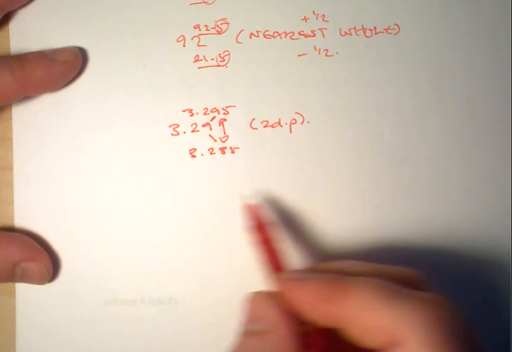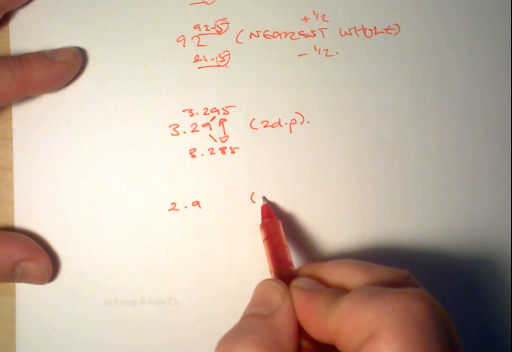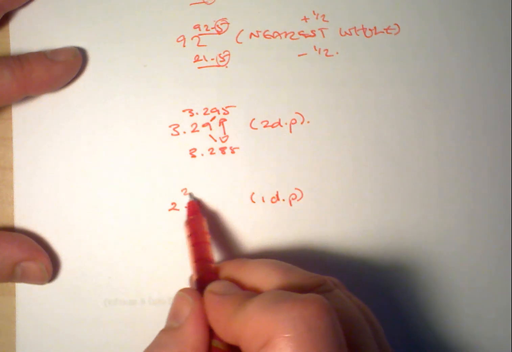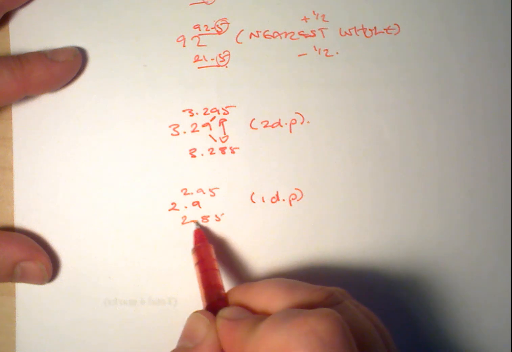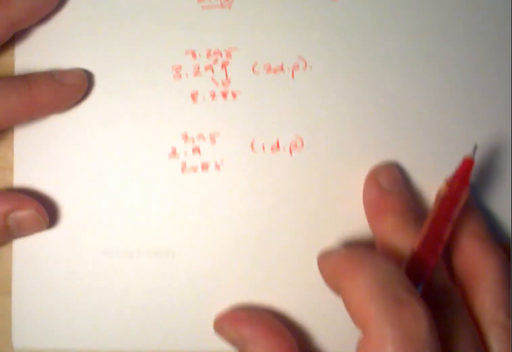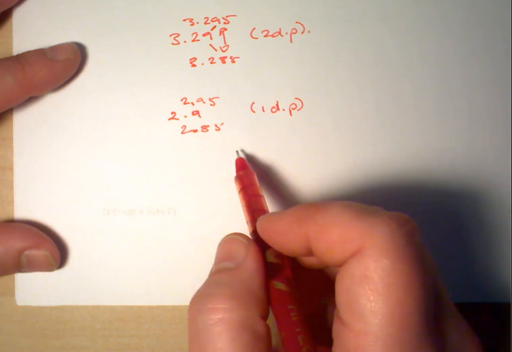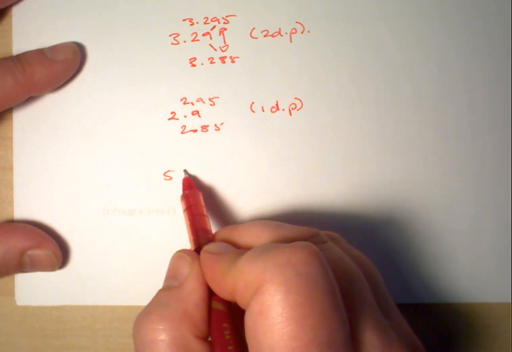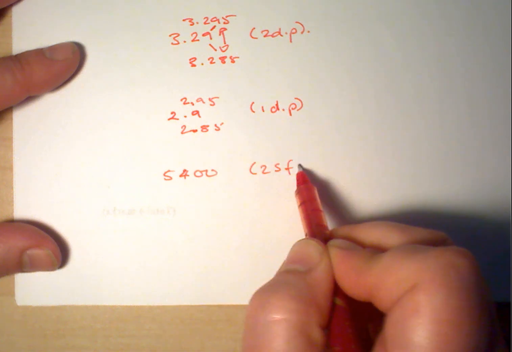Let's do 2.9 to 1 decimal place. So 2.95, 2.85. What about one like we had in the exam the other day, where you had 5,004, and this was 2 significant figures.